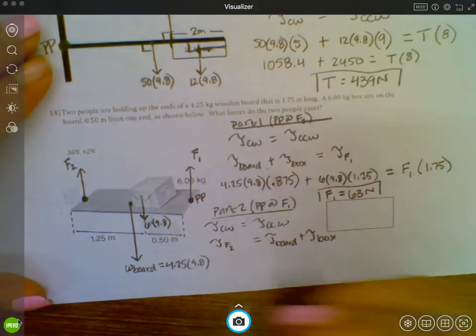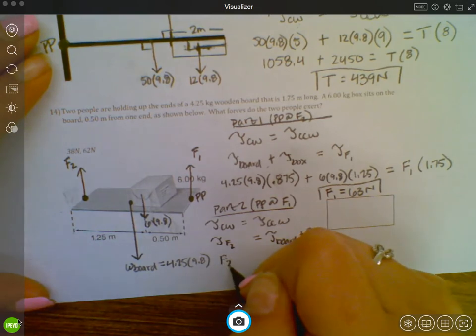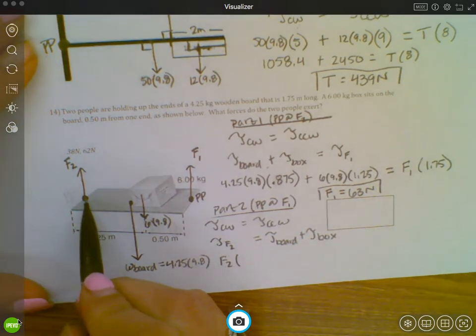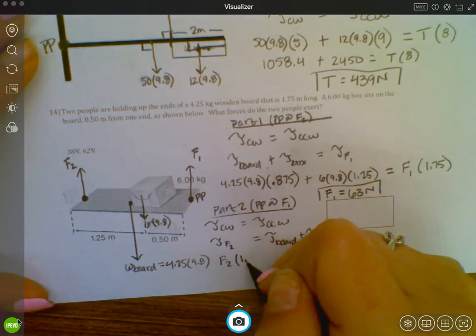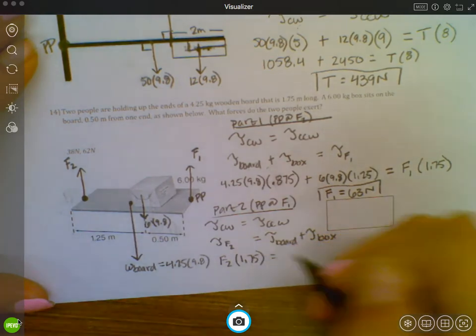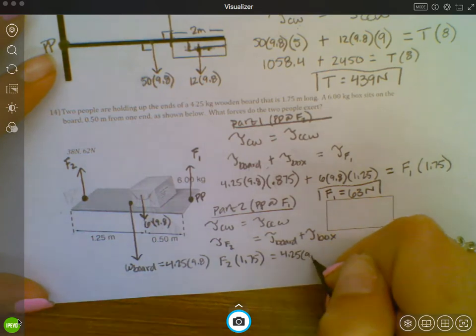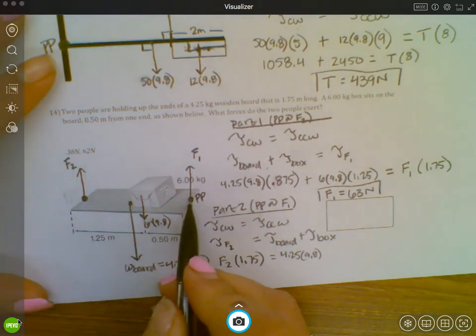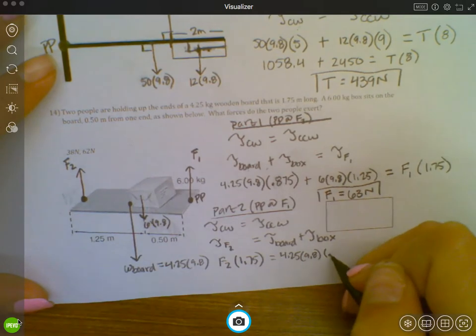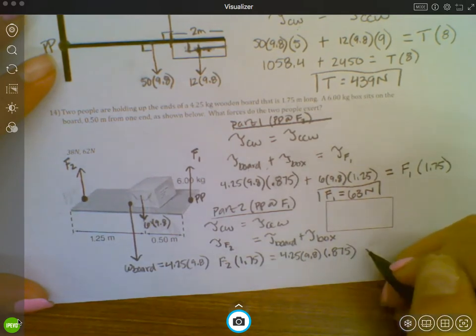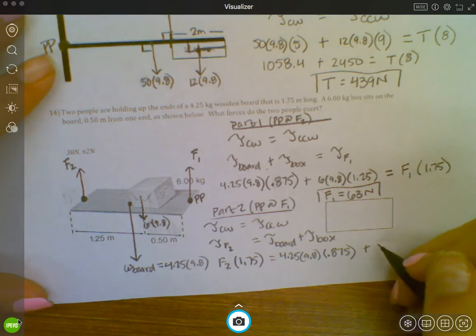Okay, set it up. So this is going to be F2 times R, which is distance from here to pivot point, which is the whole length. Torque of the board, 4.25 times 9.8. Still half of the board length, so it's still 0.875. Okay, now here's where it's different.